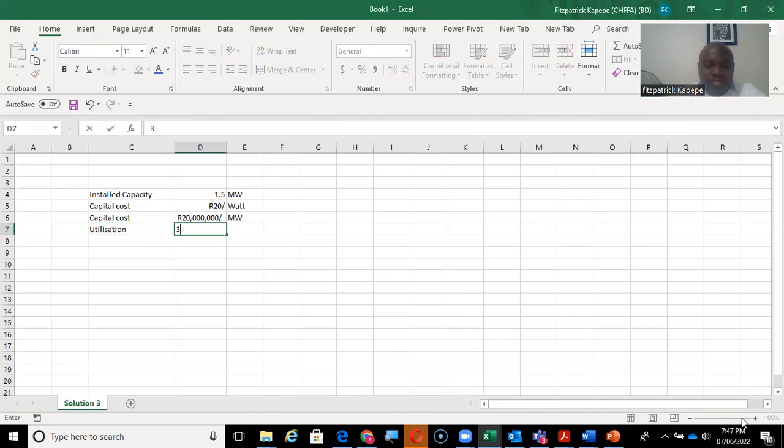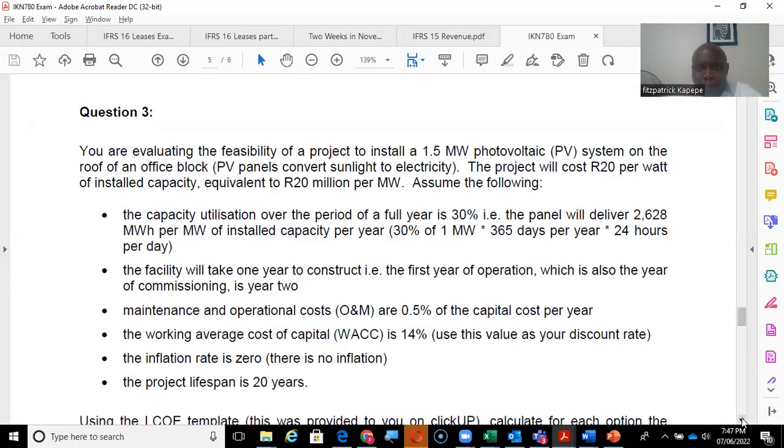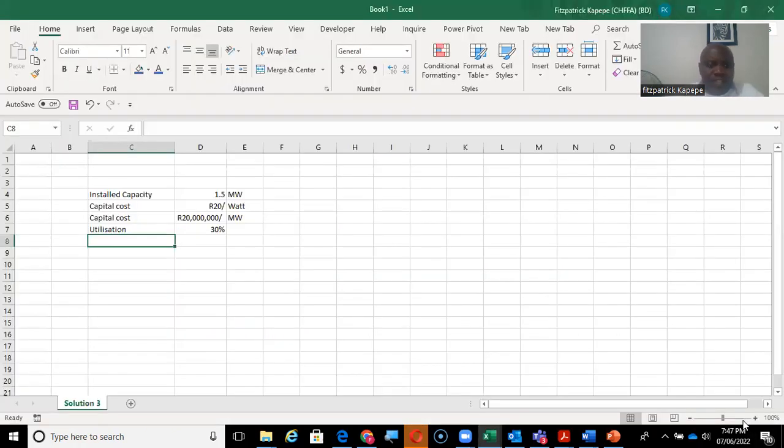Utilization, which is 30%. Okay. The facility will take 1 year to construct. So we can say construction period: one year.